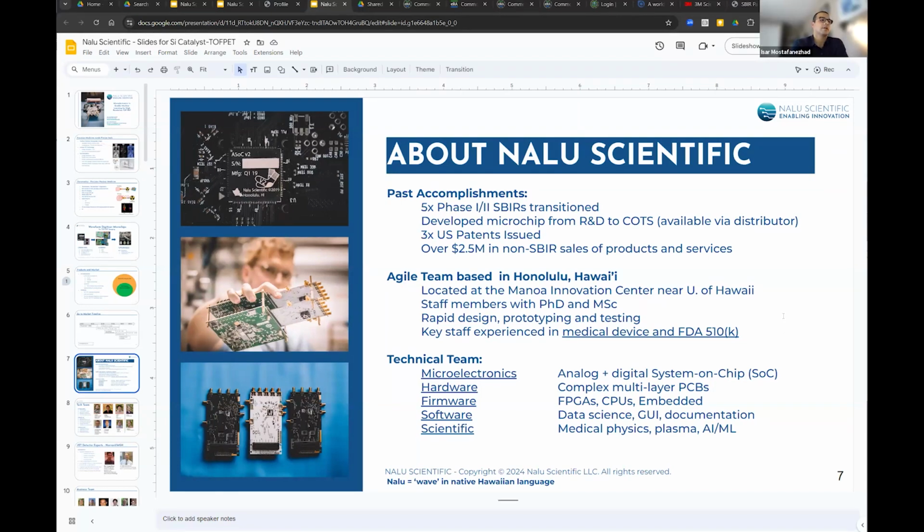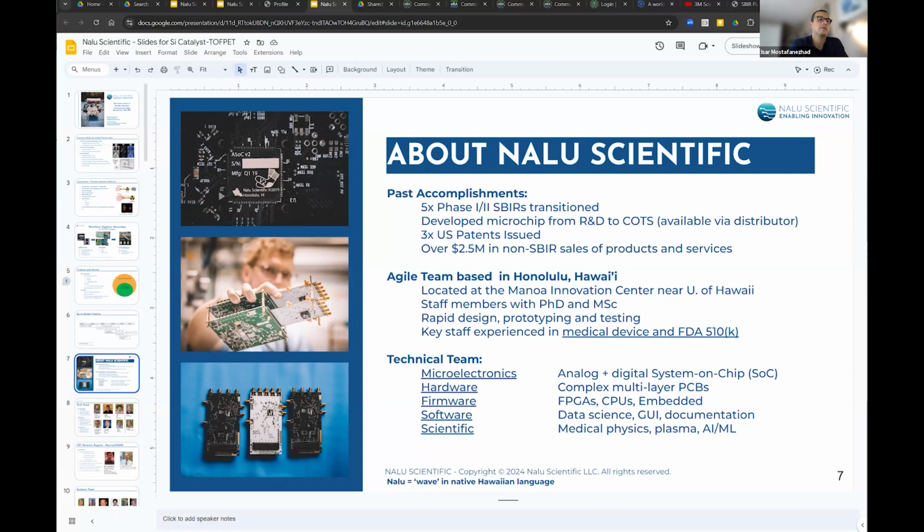Okay, so our main expertise is integrated circuit design or microchip design and development. We found a niche in high-speed analog to digital converters for sensing applications, mainly for scientific and government use cases.